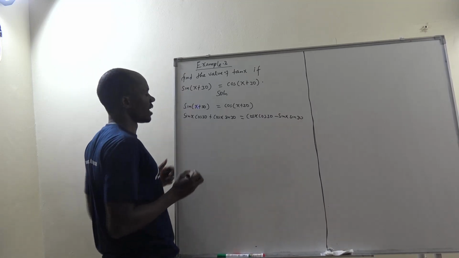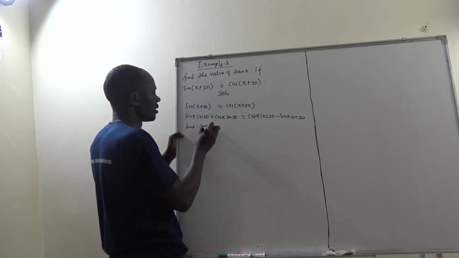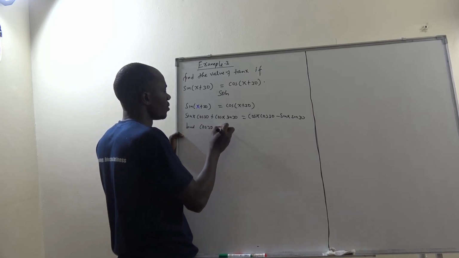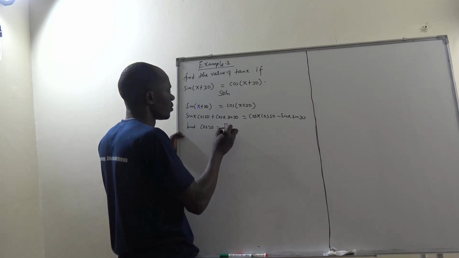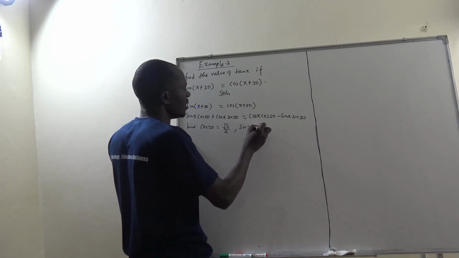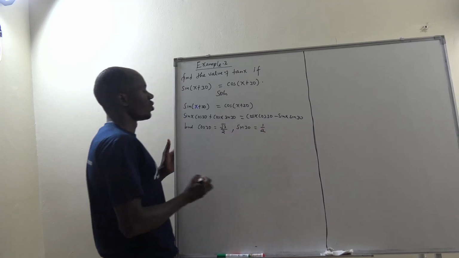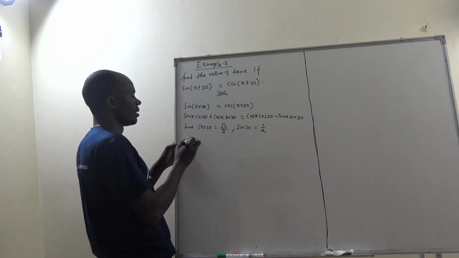Do we know cos of 30? We said cos of 30 was equal to root 3 out of 2, sine of 30 we are coming out with 1 out of 2. So where we see these ones, we replace them with that.